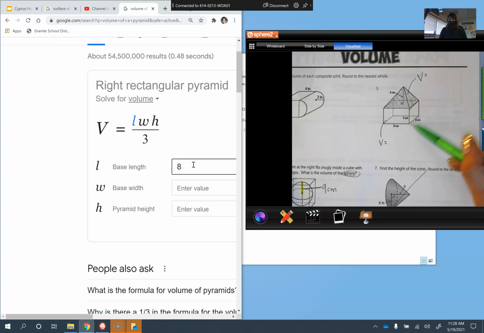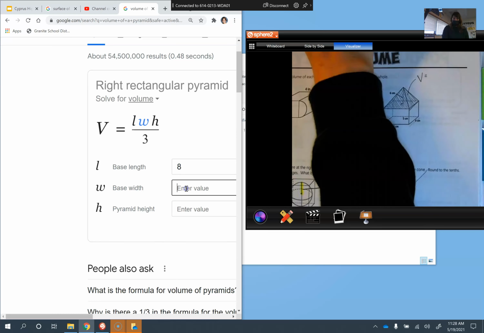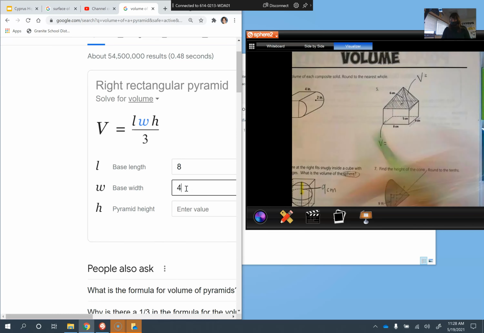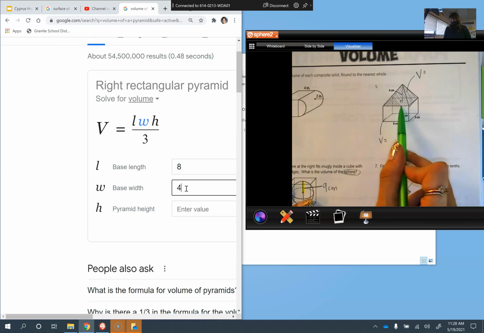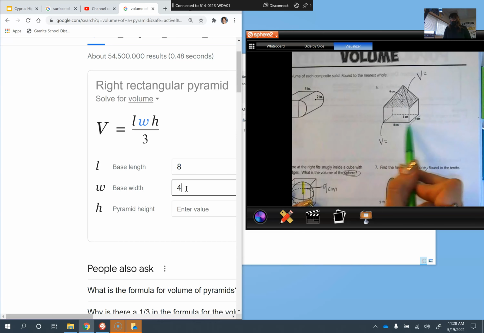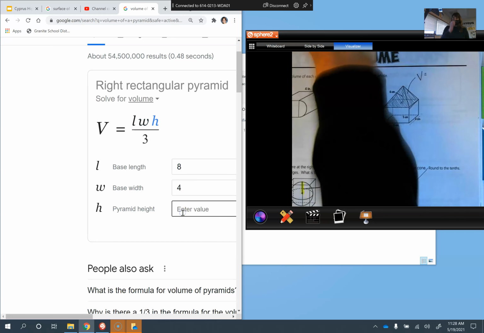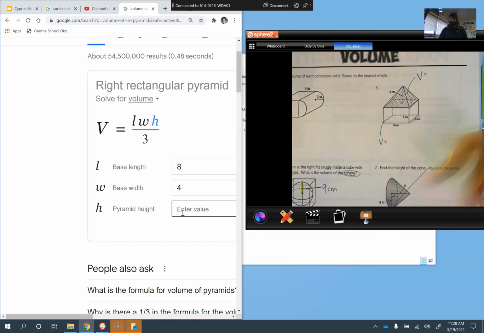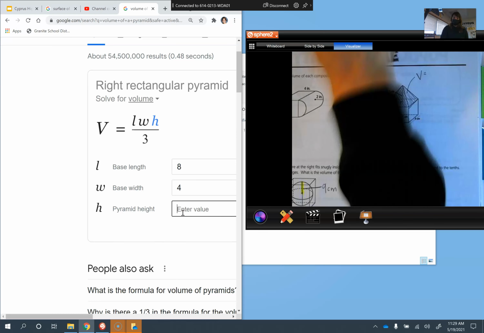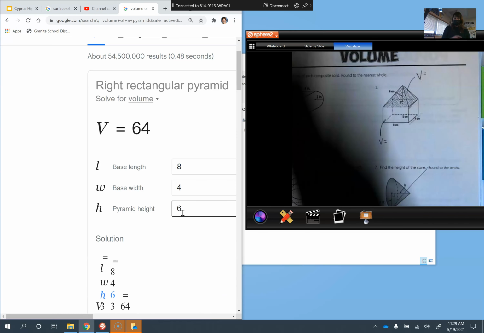So our width is what value? 4. So these two match, so our length is 8. These two match, so our width is 4. And then the last thing that it asks us is what is the height of our pyramid, and they give it to us right here. The height of our pyramid is 6.